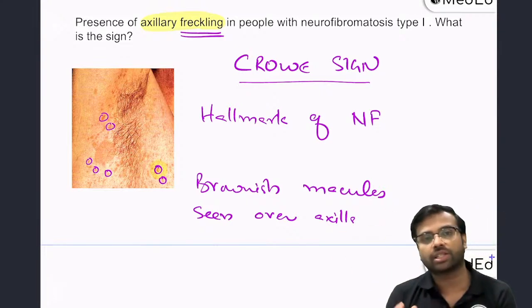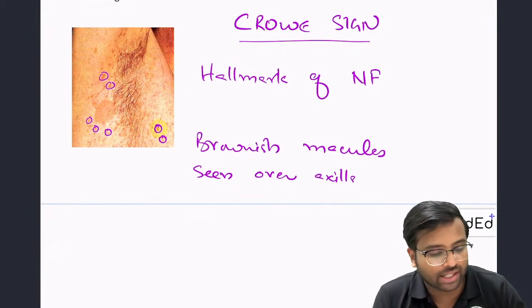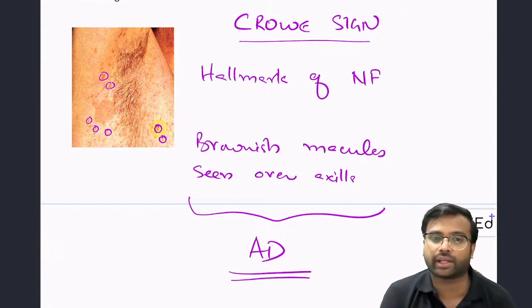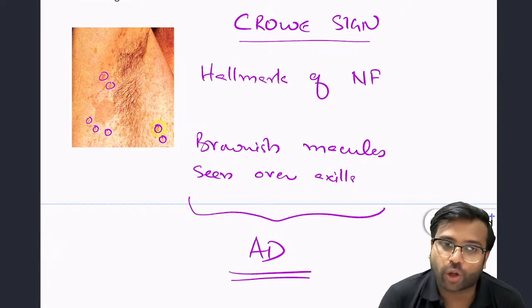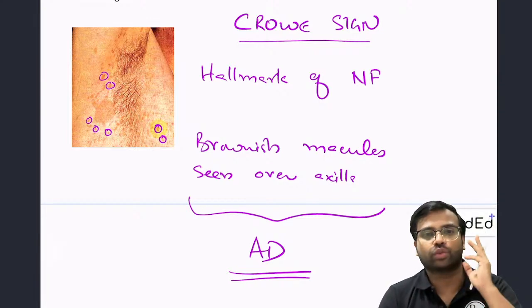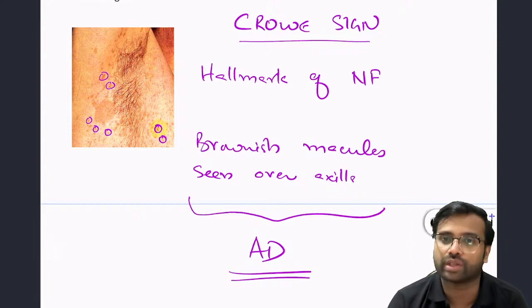You will also touch this topic in dermatology, because this is a disease which is autosomal dominant in inheritance, isn't it? And this has multiple skin features, one of the most important features that we discussed today being the Crowe sign.